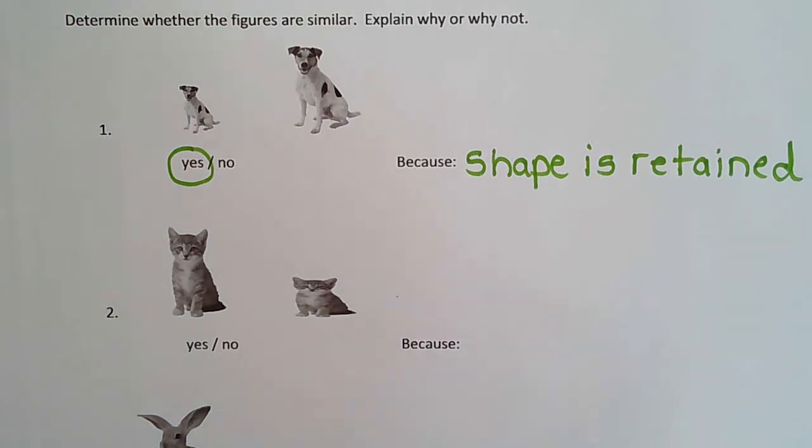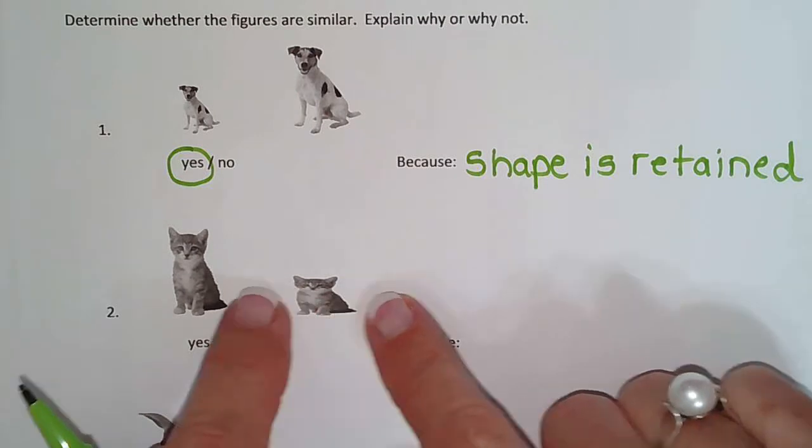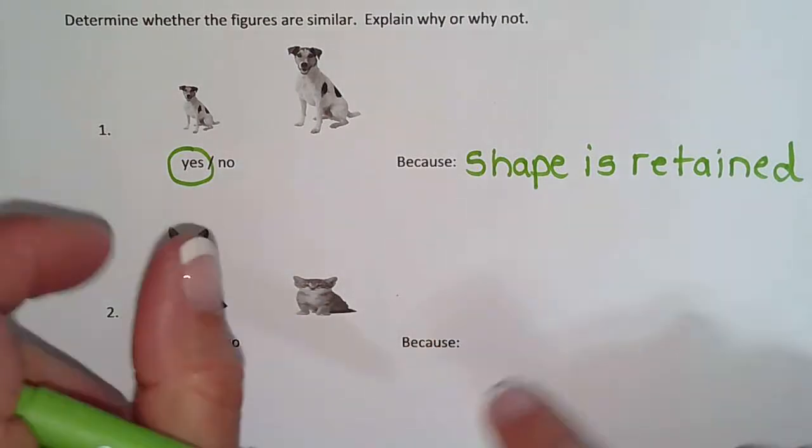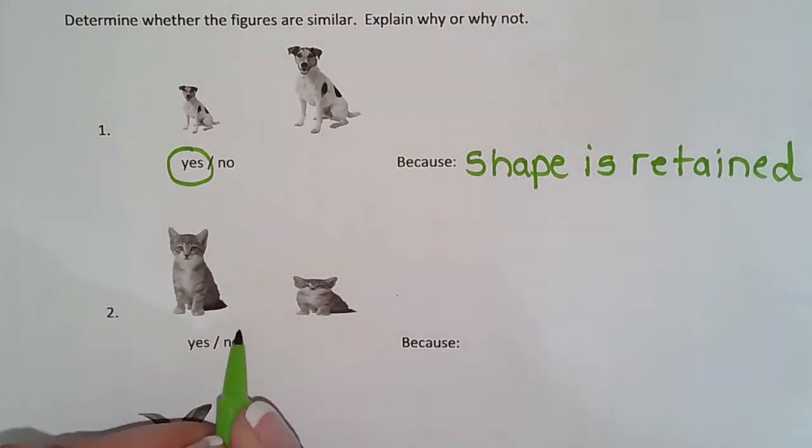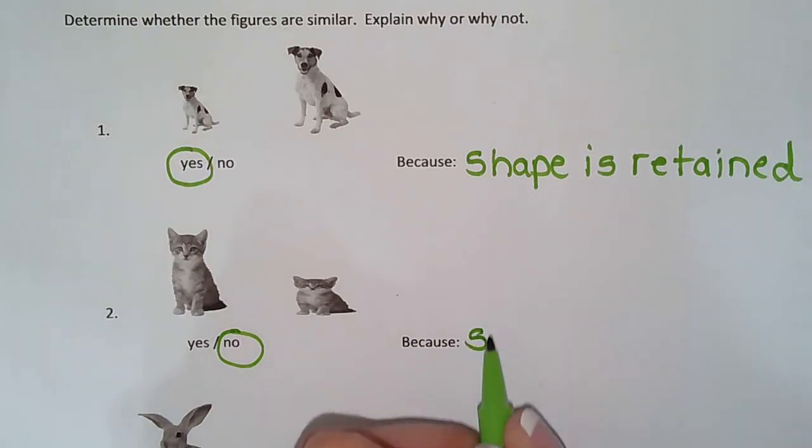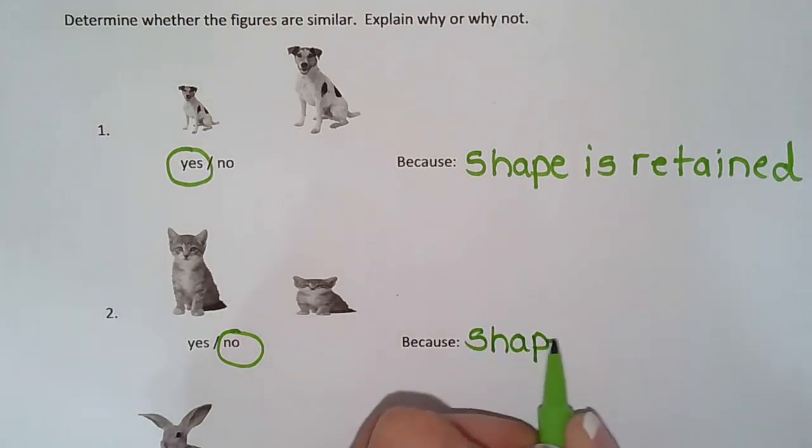And what about the little kidders? This one's kind of gotten fat, hasn't it? It hasn't retained that original shape, so this would be a no. Shape is not retained.